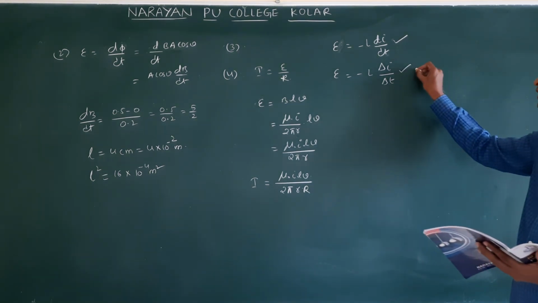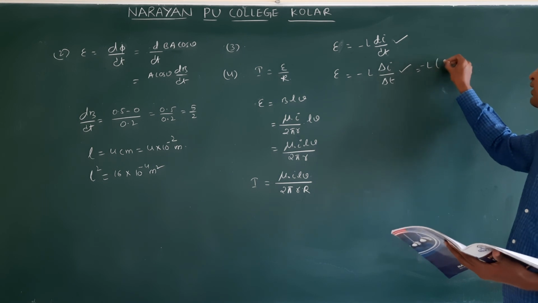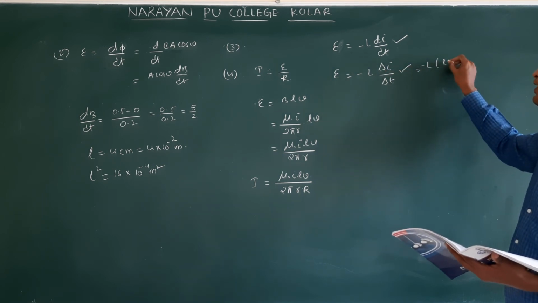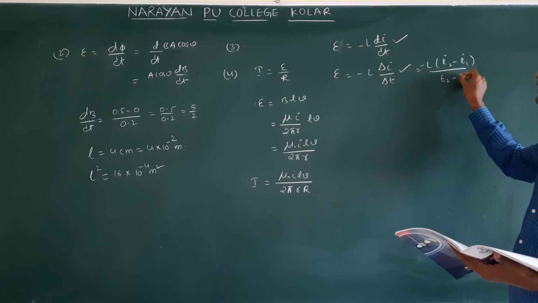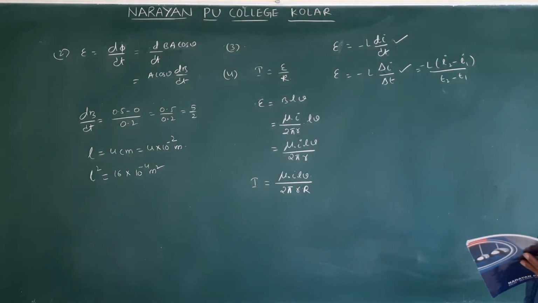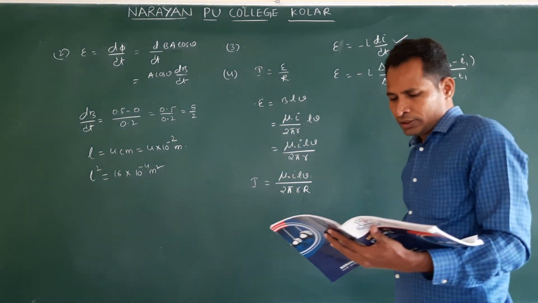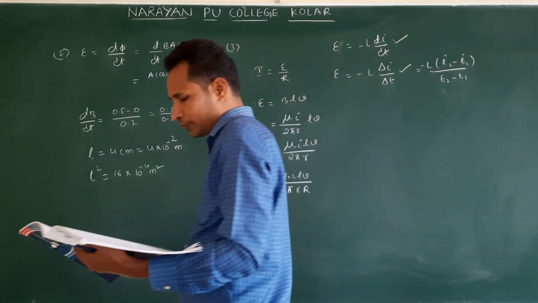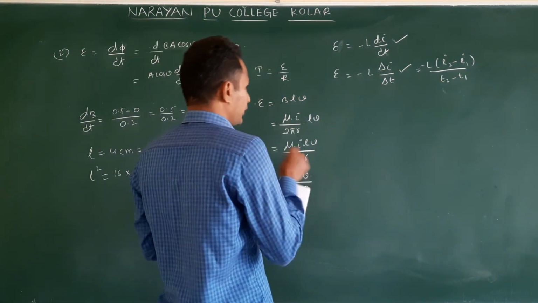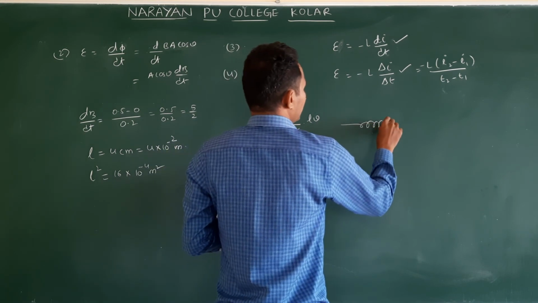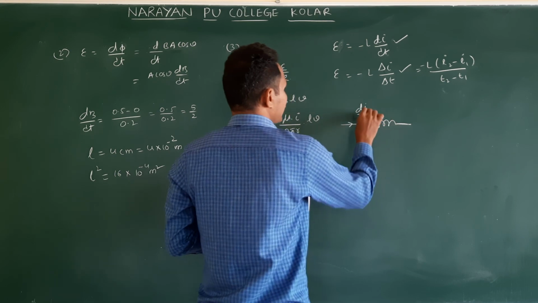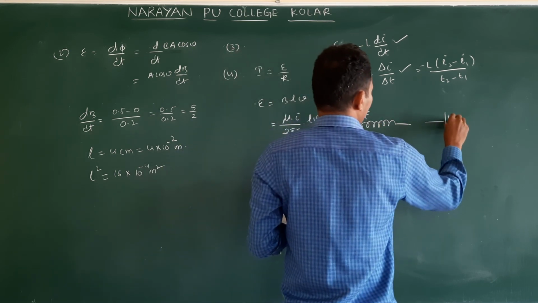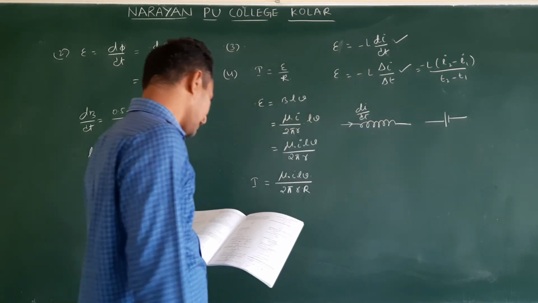Okay, how do we write this? Minus L delta I, the difference in I, I2 minus I1, by t2 minus t1, delta t. So they mentioned the inductor symbol. See, remember, in this inductor, if the current di by dt increases, then it acts like a source, like this.